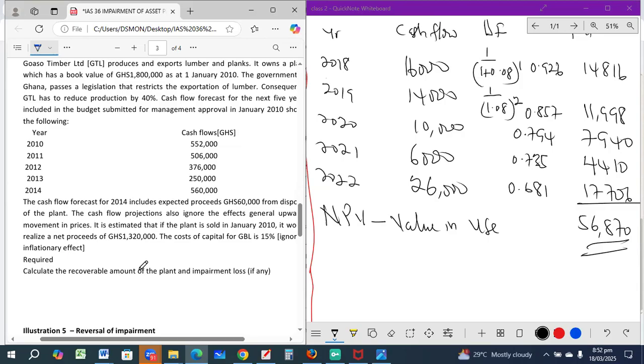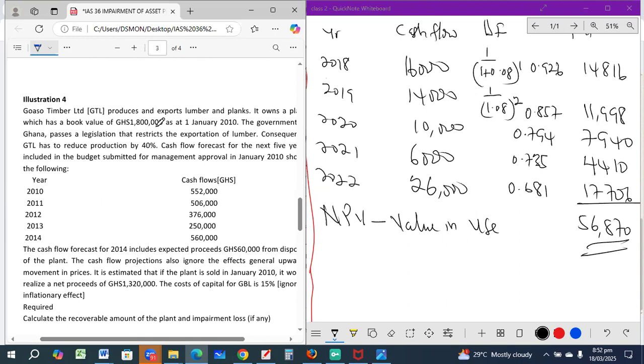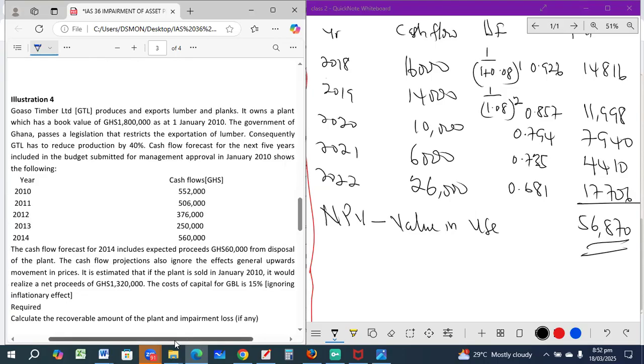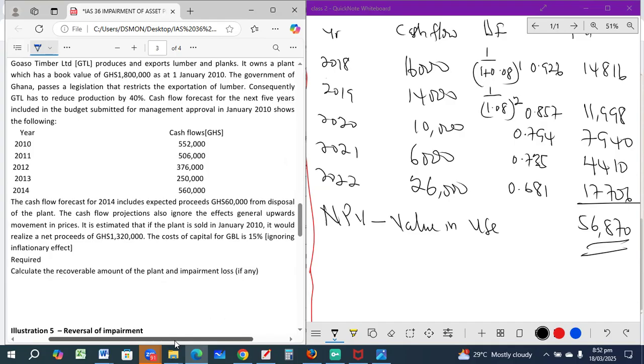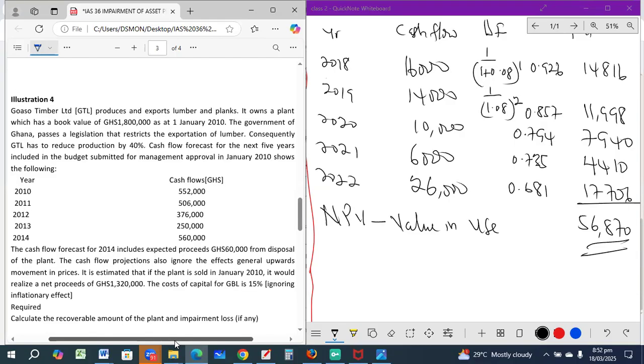Let's end it with this illustration, and this illustration would show you something. This is ICAG Financial Reporting, November 2010. It said that Guaso Timber Limited, GTL, produces and exports lumber and planks. It owns a plant which has a book value of 1.8 million as at 1st January 2010.